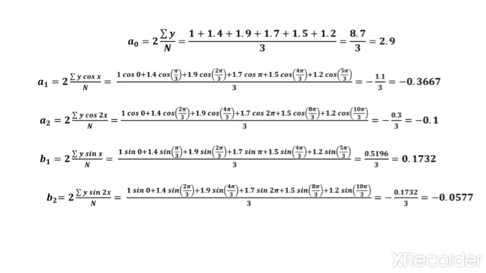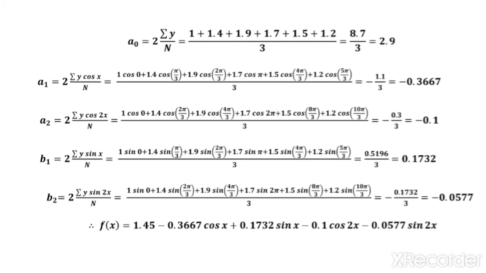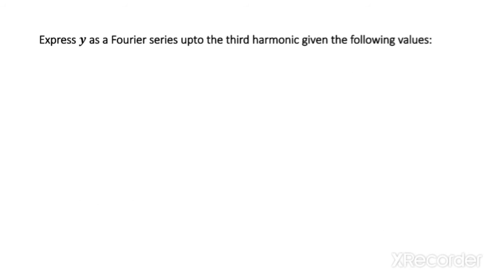Again calculate sin 2x, then y into sin 2x, and the summation of those values. Using a calculator you can find all these values easily. Put all the numerical values with much care. Hence f of x equal to, you have written the formula, substitute all the values in those formulas, you will be getting an answer. Next problem.